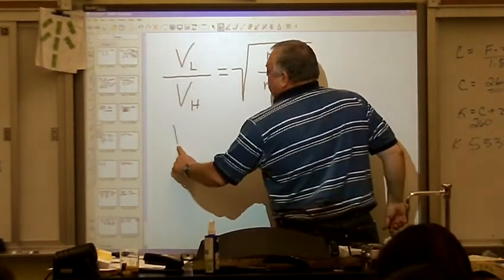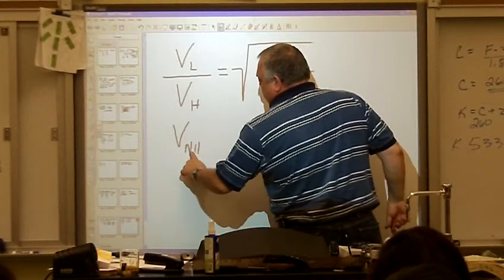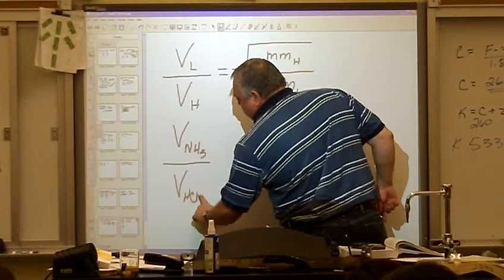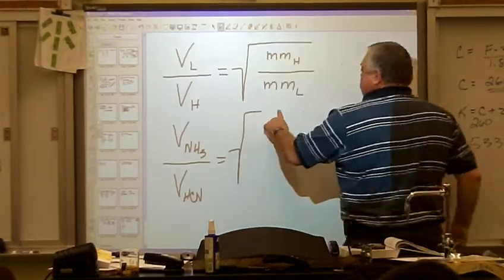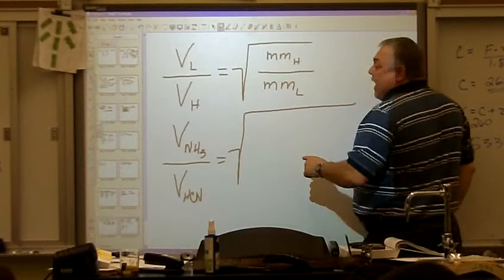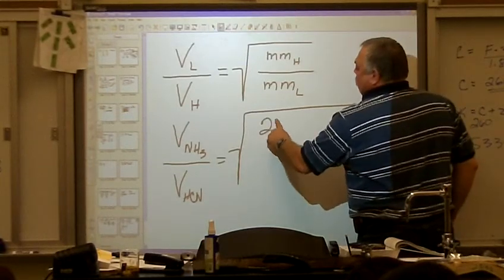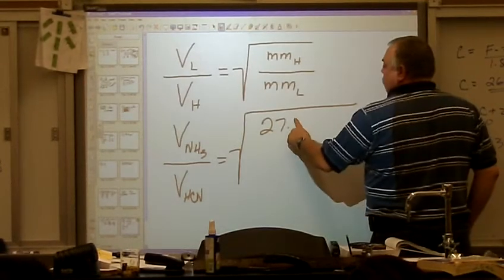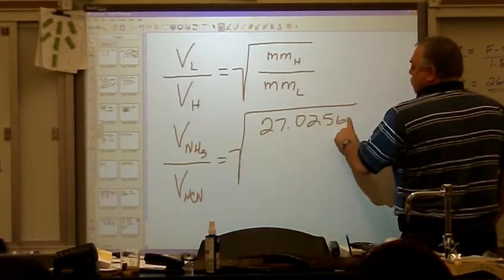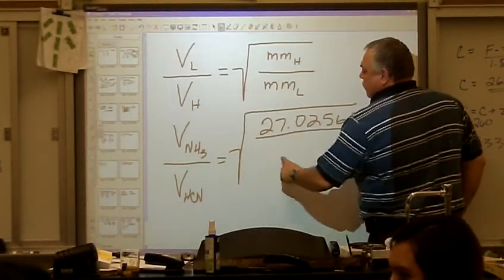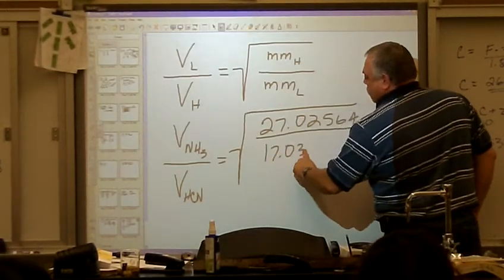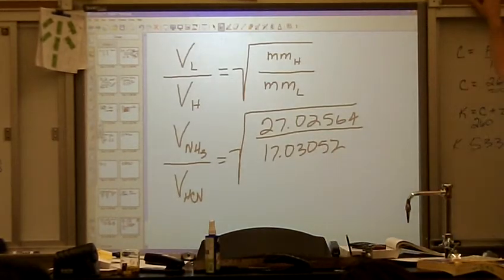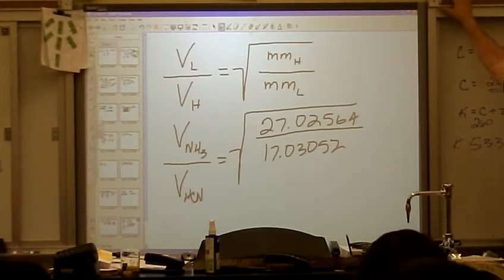The velocity of ammonia as compared to the velocity of hydrogen cyanide is equal to the square root of the mass of hydrogen cyanide, which was 27.02564, divided by 17.03052. Now take those two, divide them, and then take the square root of that number.